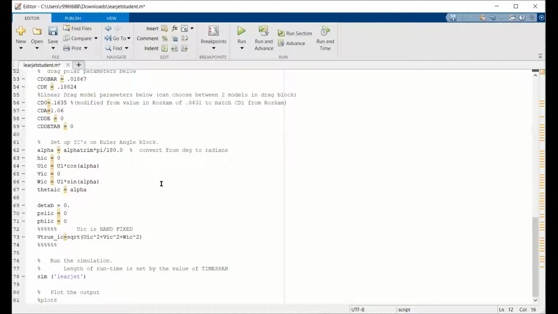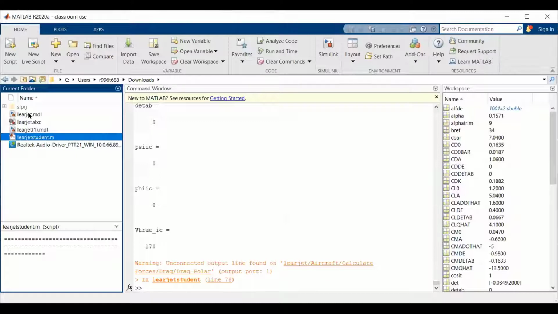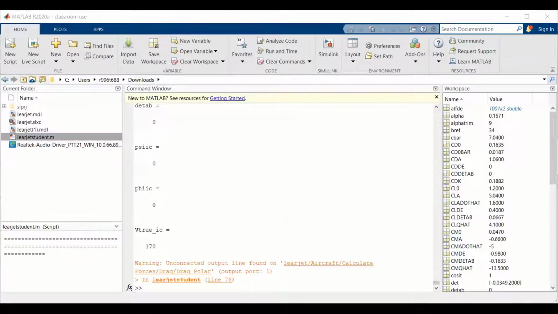And when you run this, you'll want to have this window opened up. Double click on it inside MATLAB. And you'll want to double click on learjet.mdl, and it will open up the Simulink model that runs the simulation, as well as some graphs. So when you double click on that, you'll see a new window. Let me double click on it.